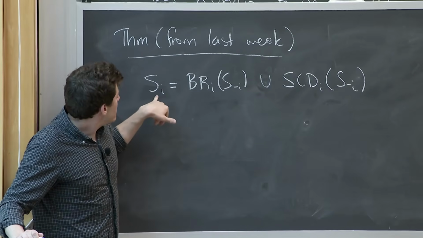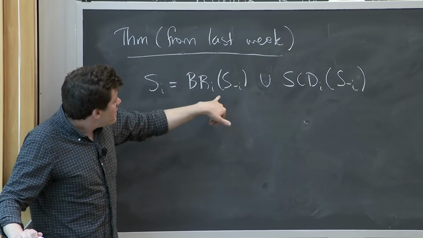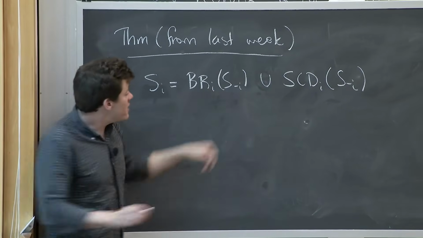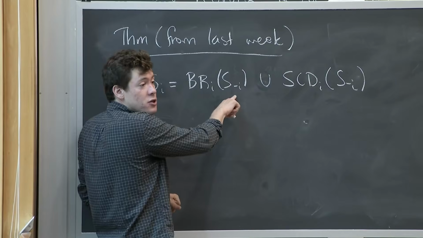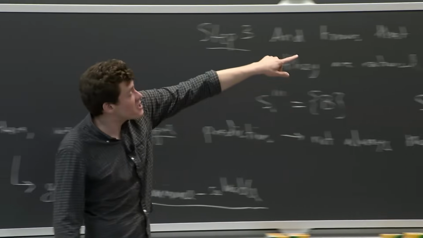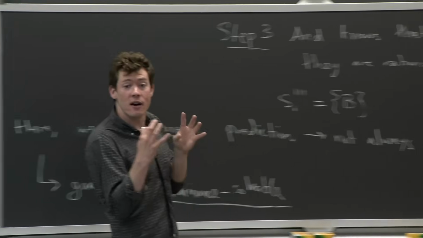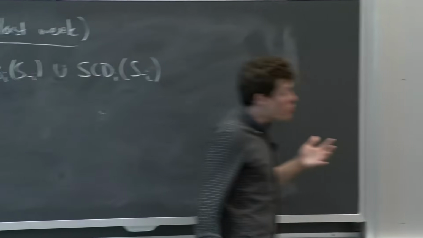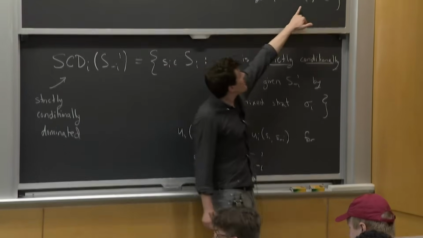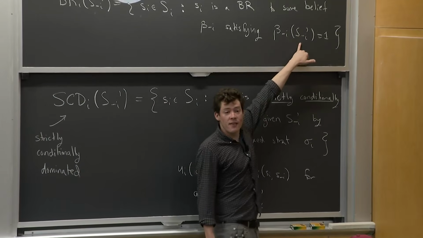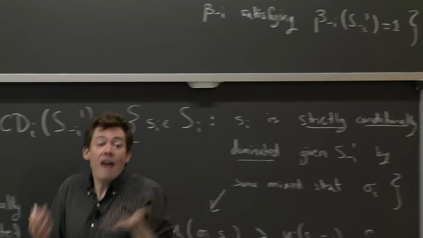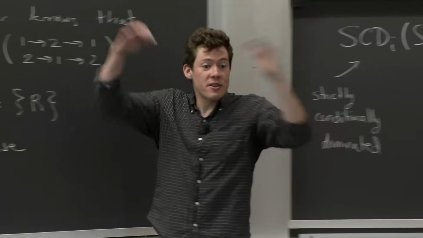So in words, this says every strategy in Si is either a best response to some belief. Notice here, there's no prime. So this is a best response to an unrestricted belief. It would only have a restriction if I chose as S negative I prime a smaller set of strategies. Another way of saying this is, if S negative I prime is just S negative I, then the fact that beta negative I of S negative I equals 1 is not a restriction at all, because every belief assigns probability 1 to the set of all strategies.